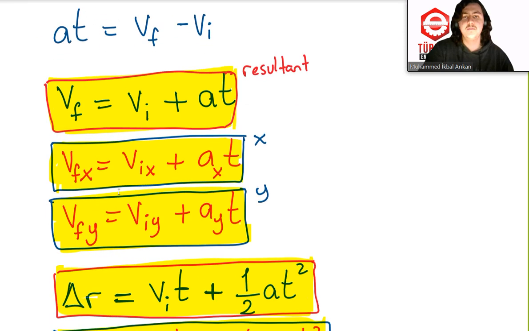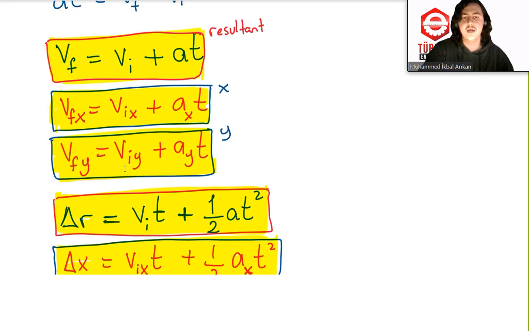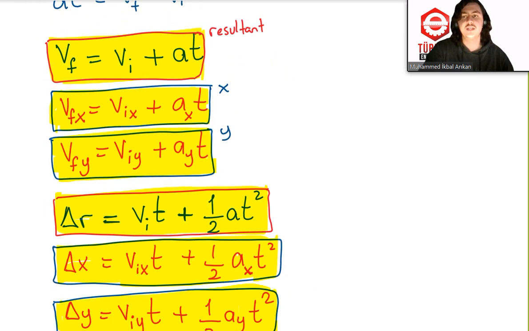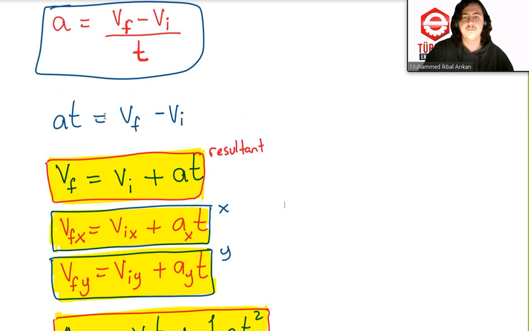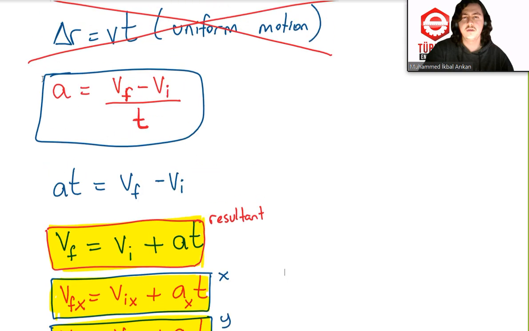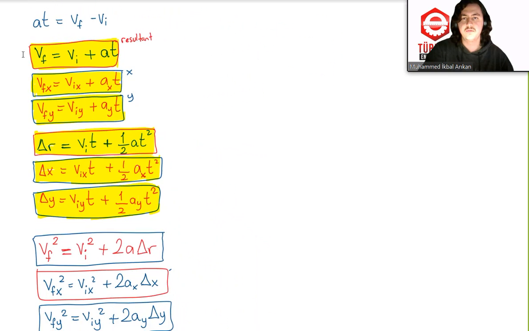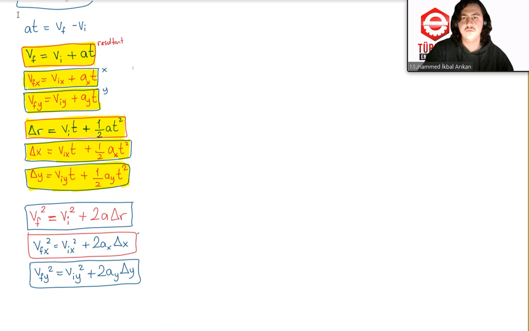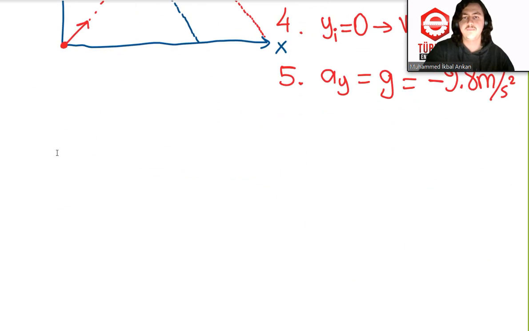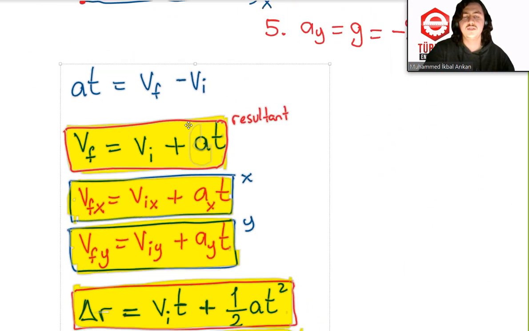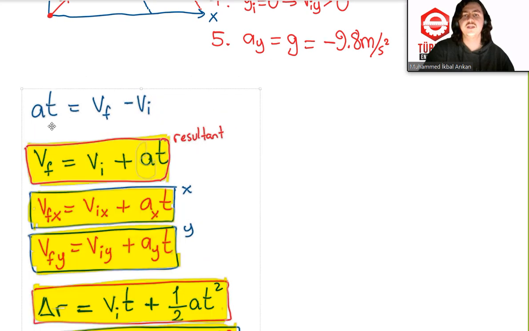I will take some formulas from here and apply our special cases for projectile motion. Actually, these will all be used. So I will take these and go back to them. Okay. So I will put our formulas which are coming from acceleration in a plane.